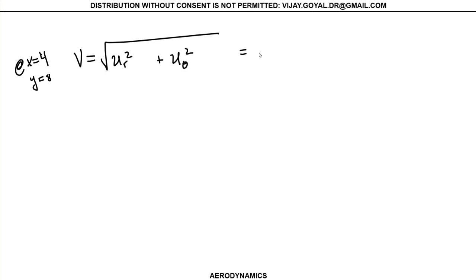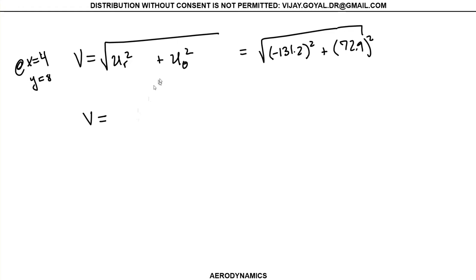So this will give you a value of minus 131.2 squared plus 72.9 squared, and your velocity at that particular location is 120.12 feet per second. Okay, so we found the velocity.